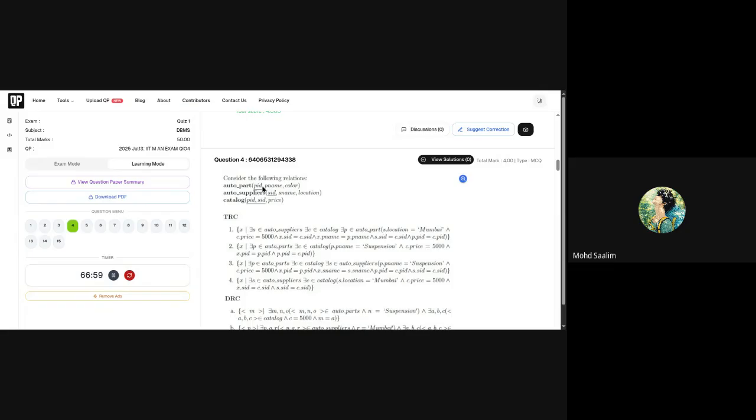It is returning M from auto parts. N should be suspension. Okay. And from the catalog, C is 5,000 and M is equal to A. So I think both of them are doing the correct thing, but the difference is about the syntax, right?